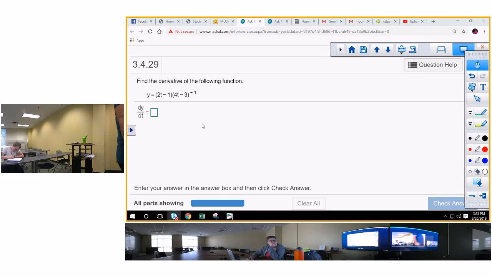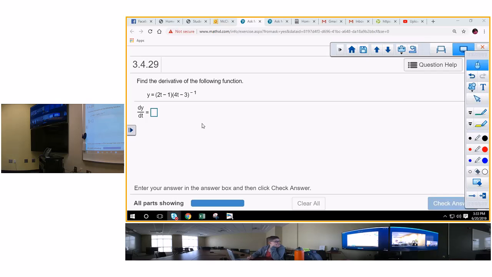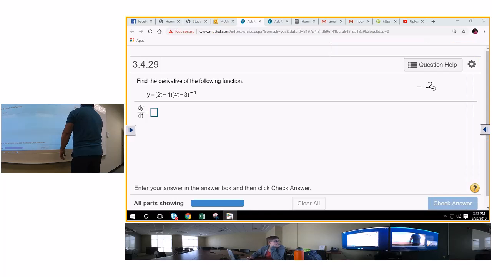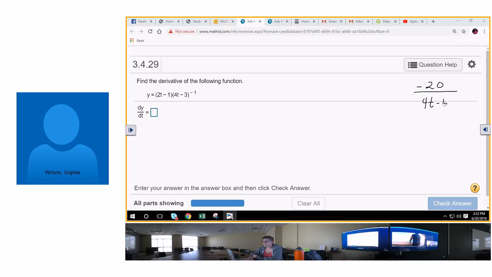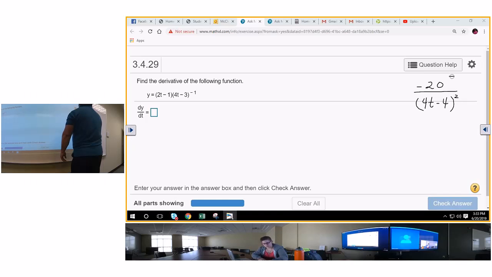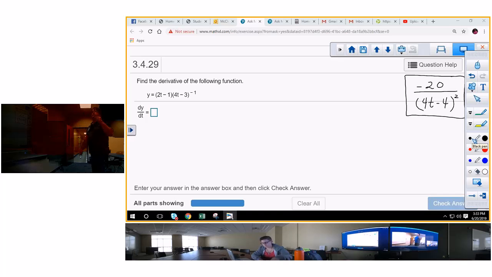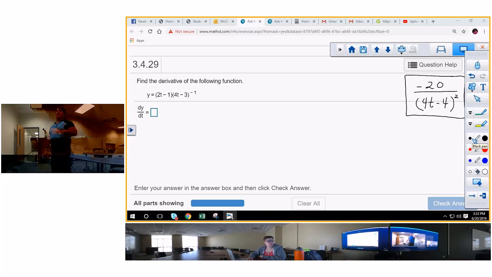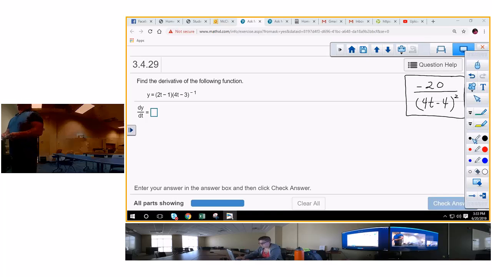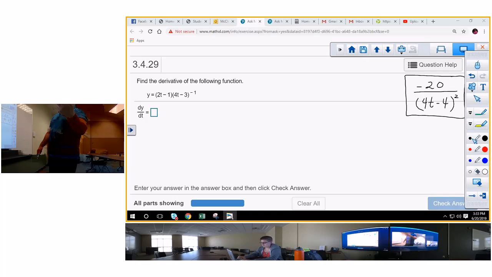The answer to that last problem was negative 20 over 4t minus 4 squared. So write that down, Miss Sterling, please. And you can try that one at home, and I'll do this one. We'll do this one, and then you can use this one for a guide, because it's the same type problem. And I am recording it, so when I load it, you can go over the recording also.